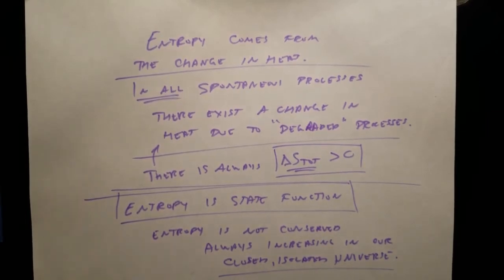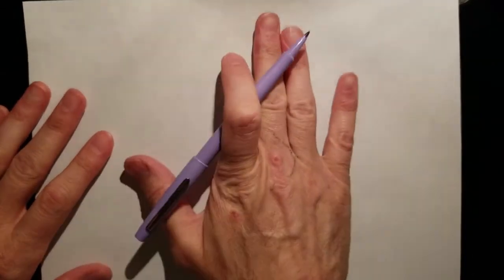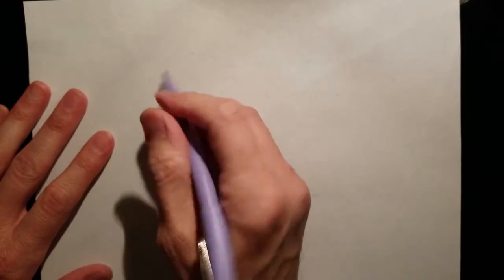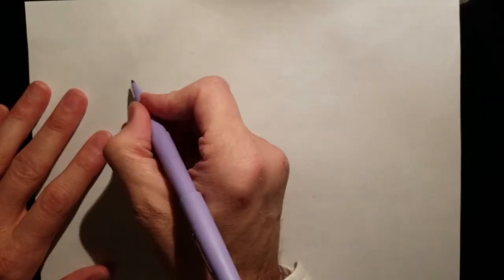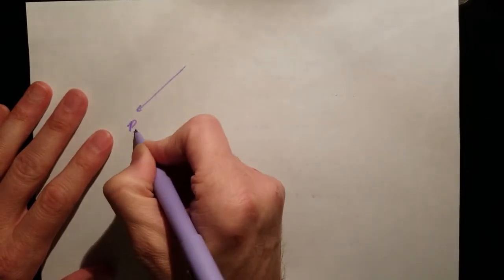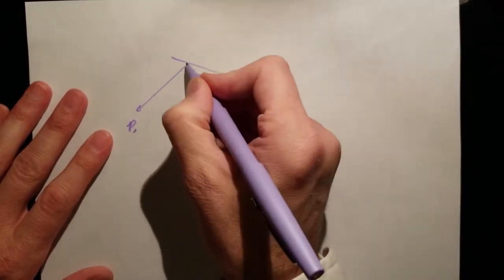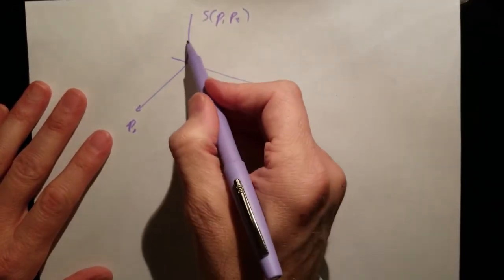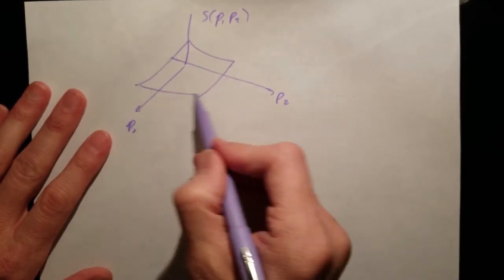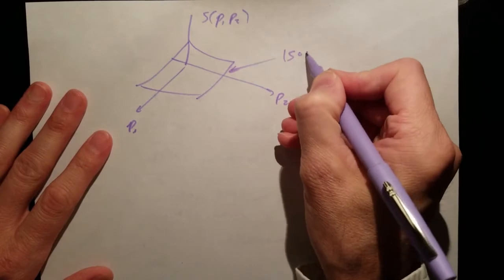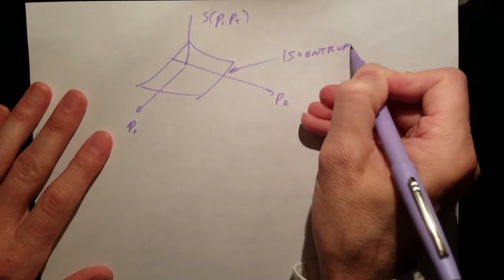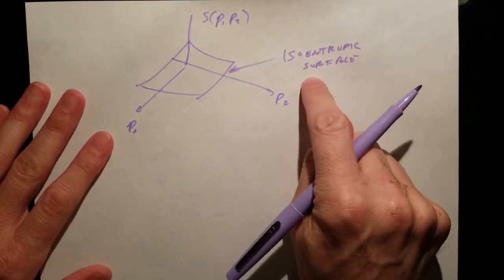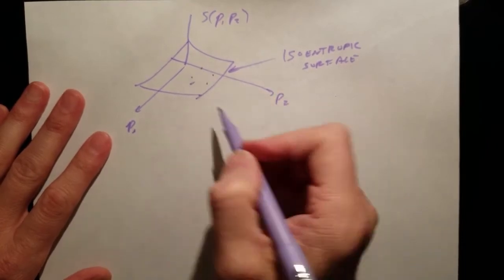Something about it that is useful is that if you have your dependent variables and you know that you can define the entropy, S as a function of P1, P2, you're going to have some surface that you can think of as an isoentropic surface. So every point on that surface is constant entropy.